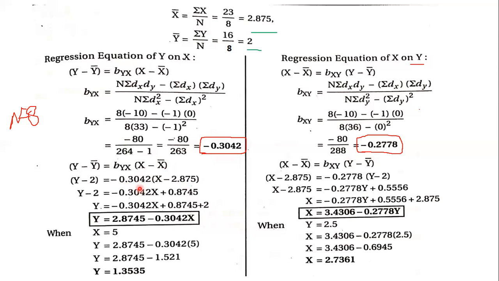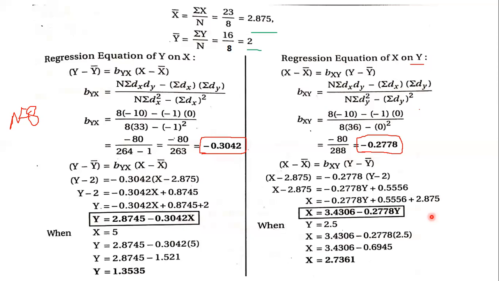Minus 0.3042 into x will give you the same value. And then if you multiply this decimal value into 2.875, you get 0.8745. Then take this minus 2 to the other side, it will become plus 2, and your final equation is y is equal to 2.8745 minus 0.3042x. So this is the final regression equation of y on x.